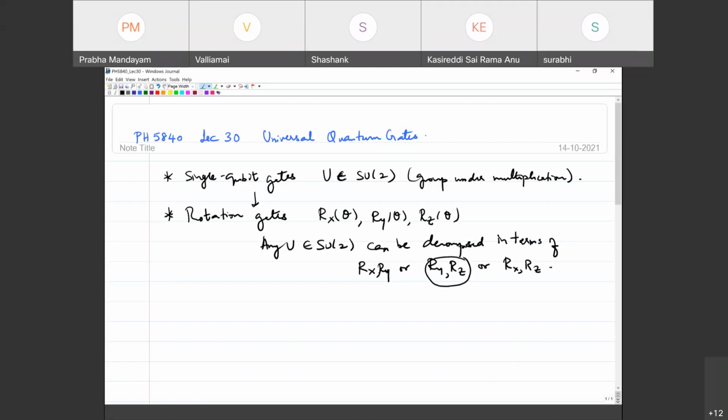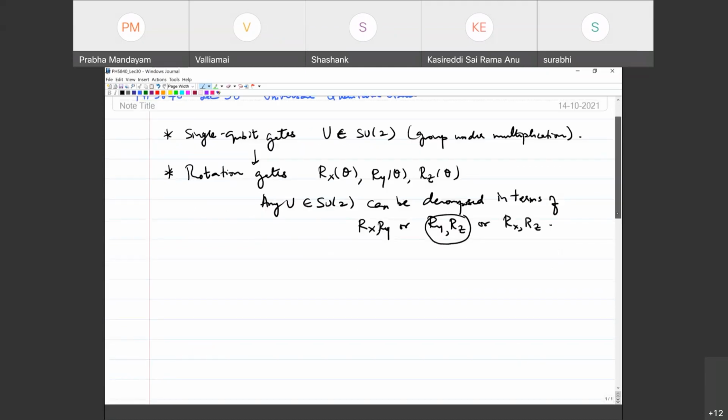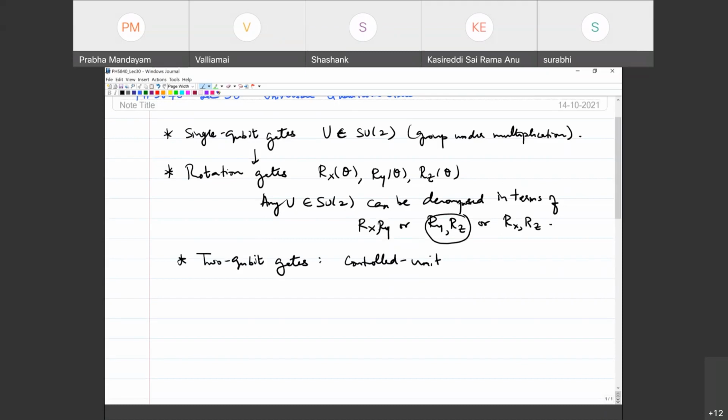And then we started looking at multi-qubit gates. In particular, we looked at 2-qubit gates, right? And we looked at the class of controlled unitary gates. And we said that for 2-qubit gates, you could either think of local 2-qubit gates, which are simply of the form some U1 tensor U2, and then you have the truly non-local gates, of which the controlled unitaries form a particularly important class.